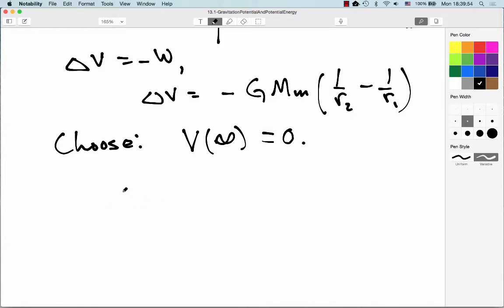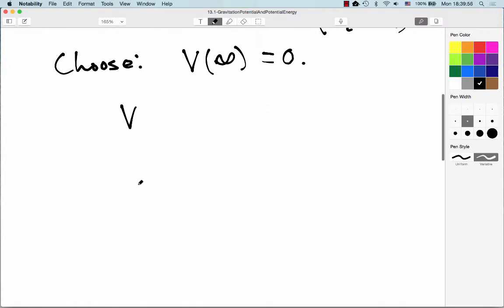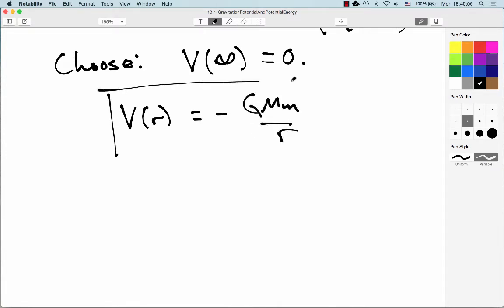So we have made a particular choice, we could have made others. If we make that particular choice, then we can write V of r is minus GM over r. Now, we could have made other choices, but really they would just amount to adding a constant. The constants would cancel, oh yay, but it would make the math a lot harder, so this is the conventional choice.